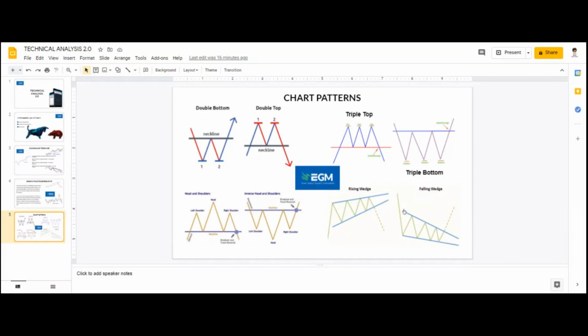Now, there are a lot of chart patterns, but these are the ones I myself believe occur over and over again, and they have a high tendency of playing out effectively, like they'll play out to the peak.